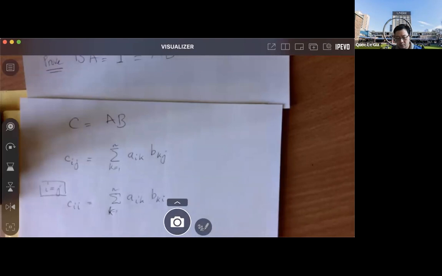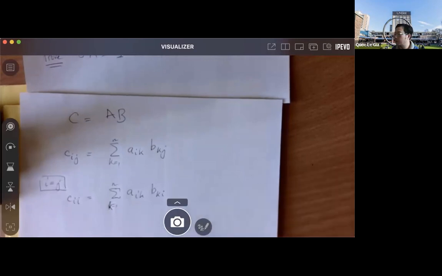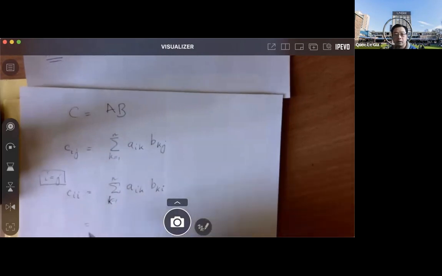And now if I split the sum, you don't see why it has to be equal to 1 yet, but let me split the sum into 3 parts. I let k run from 1 to i minus 1 of Aik Bki.